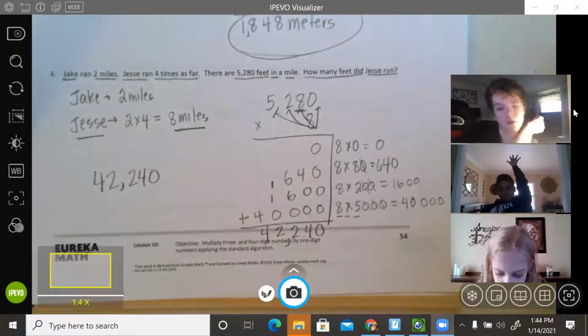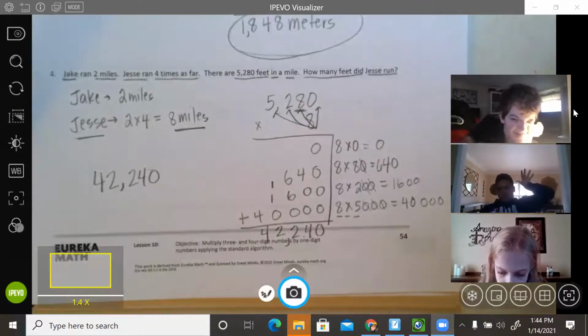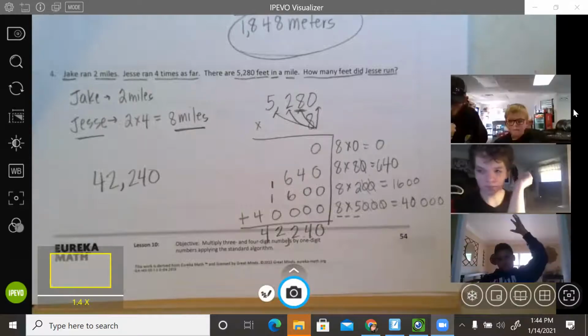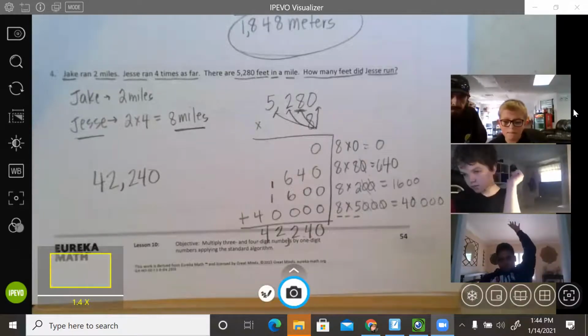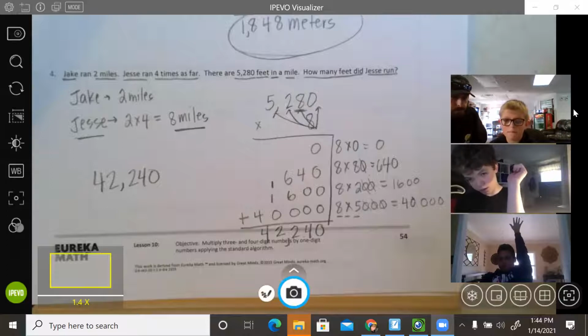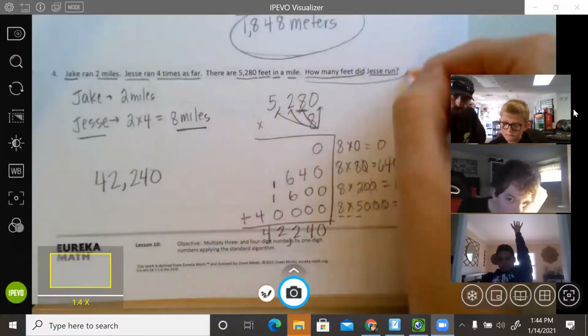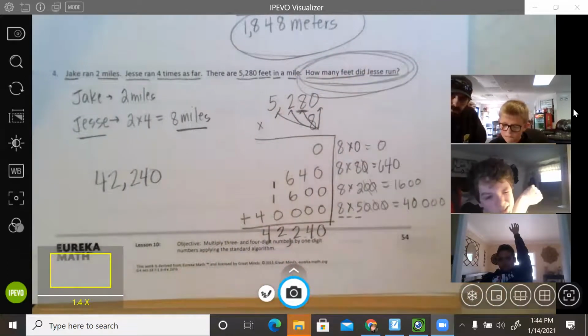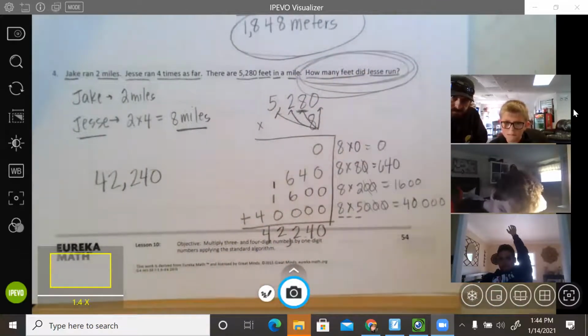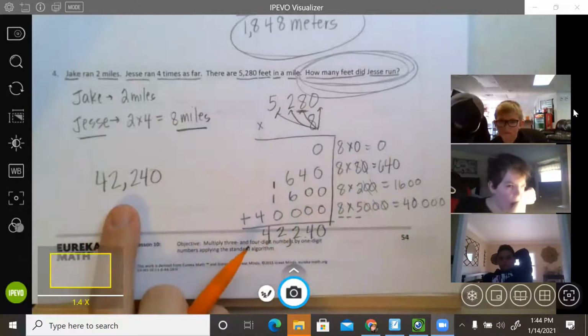It doesn't ask you how many miles. What does it ask for? Do you have your book in front of you? If you read the question, it does not say how many miles did Jesse run. It's right here. Read the question. How many feet did Jesse run? So how should this be labeled?